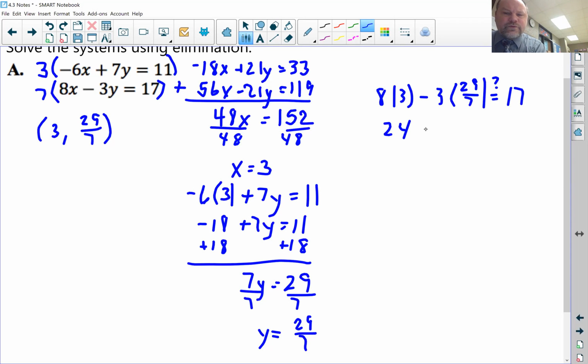So 24 minus 87 over 7. That does not equal 17. So Mr. Gingrich made a mistake. And I found it. So that's a good reason to check.